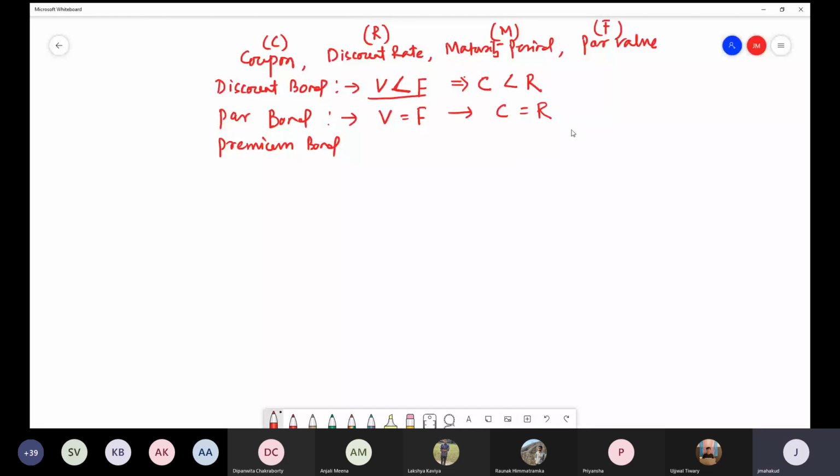It is V greater than F, so in that case, your C will be greater than R. So these are the three types of bonds we always see whenever we categorize bonds on the basis of the coupon and the discount rate of that particular bond.